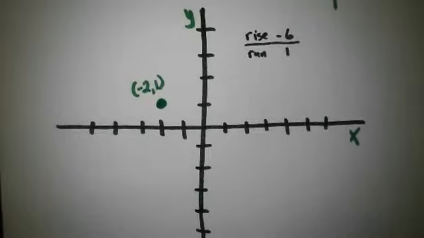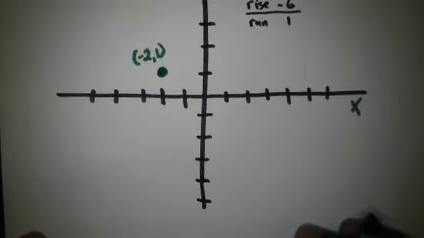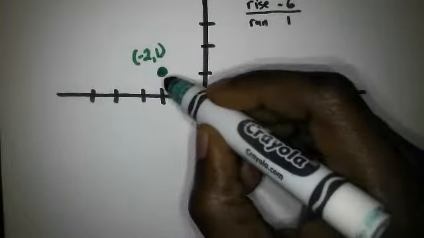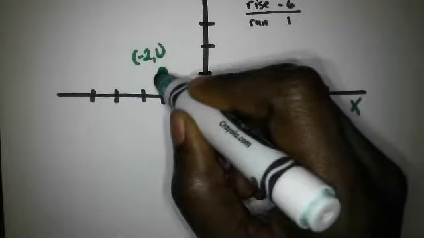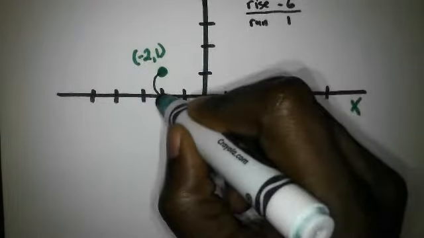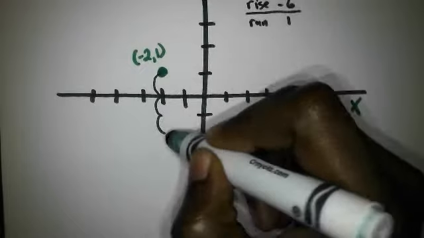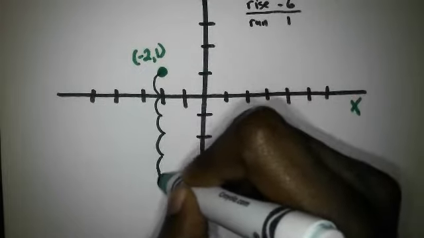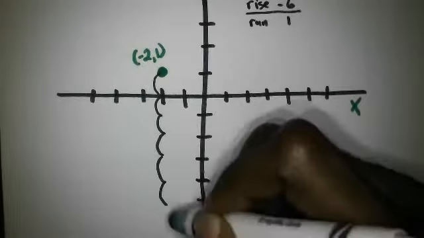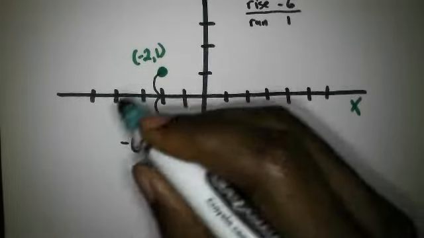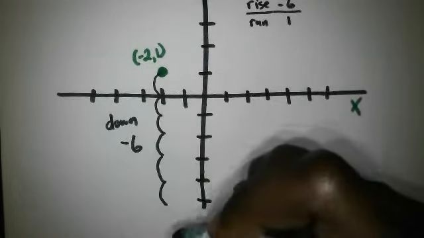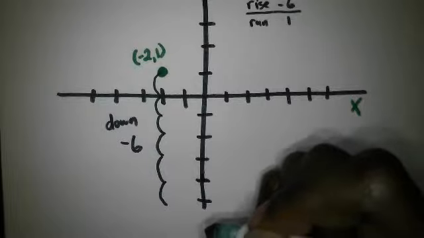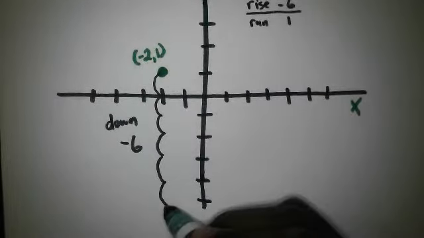Let's see if I can show you guys here. From this point, we're going to go down 6 units. So let's count: down 1, 2, 3, 4, 5, 6. So we went down, which is -6, down 6 units. And from here, we're going to go to the right 1 unit.